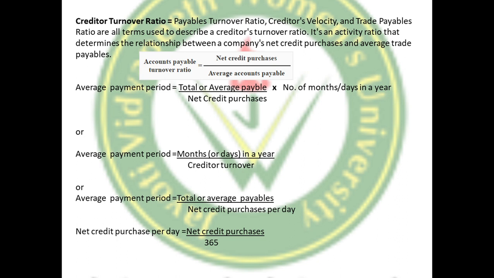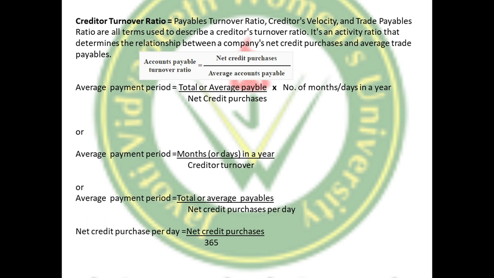Now to calculate average payment period, the average time in which we pay the payment, it is total or average payables divided by net credit purchase multiplied by number of months or days in a year, or months or days in a year divided by creditor turnover.